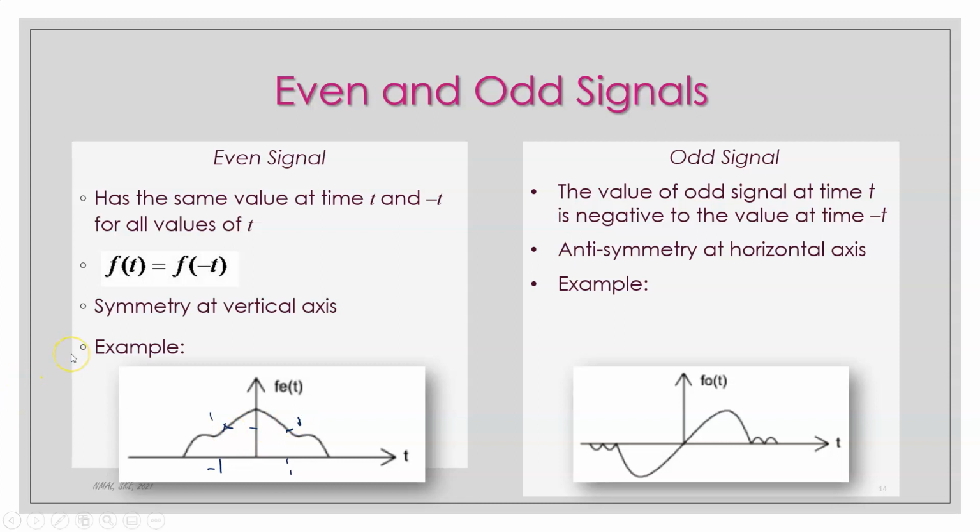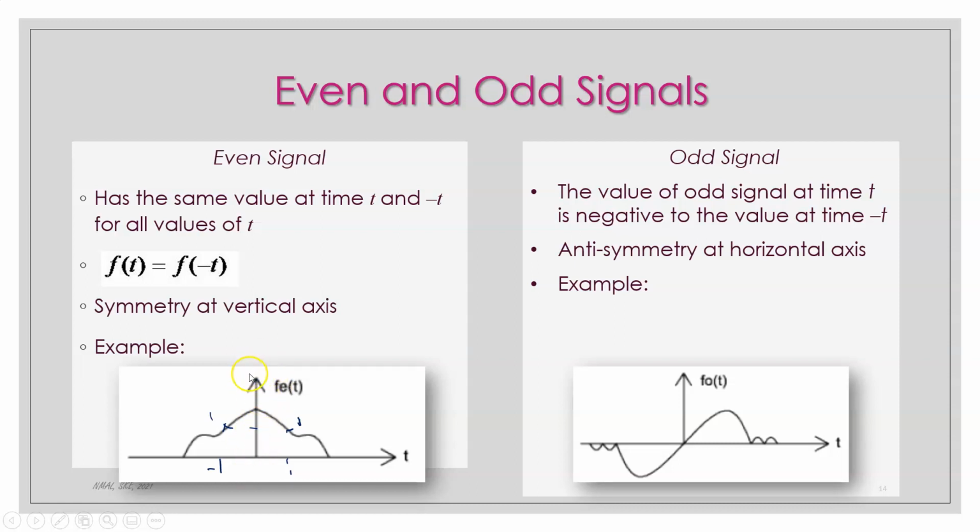So the mathematical representation is f(t) equals f(-t). Negative t here means -1, t here means 1. It is symmetrical about the vertical axis, the y axis.